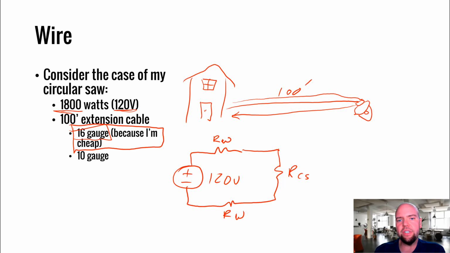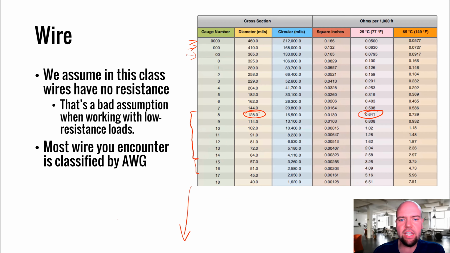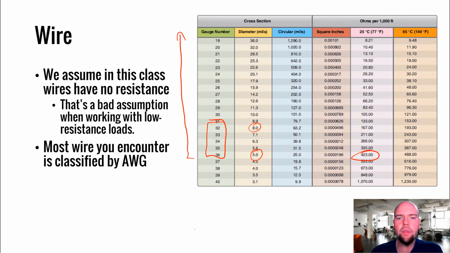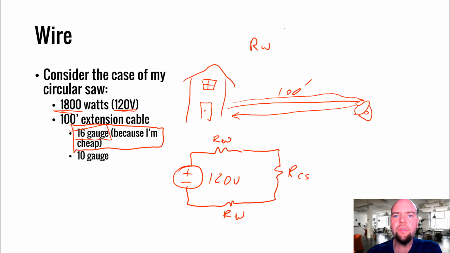first of all, let's calculate the resistance of the wire. Going back, so I'm first saying we have 16 gauge wire. 16 gauge wire is 4.09 ohms per 1,000 feet. And we have 100 feet of that in each direction, but we'll just say 100 feet.